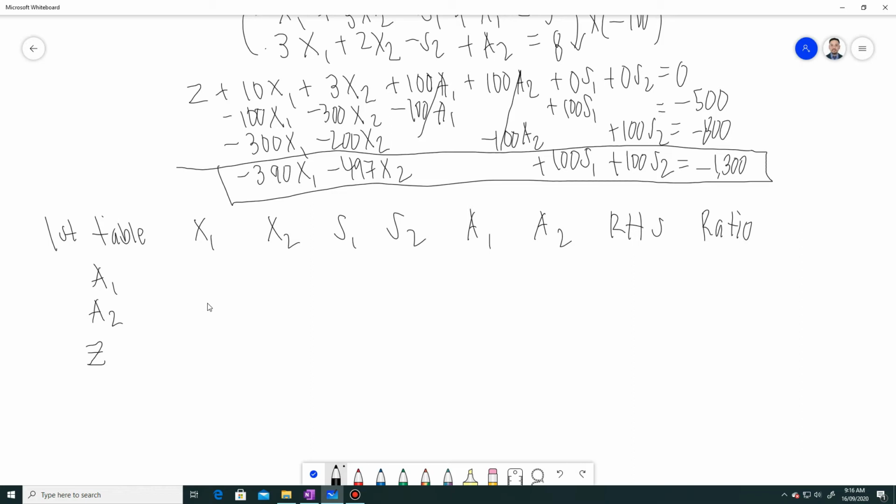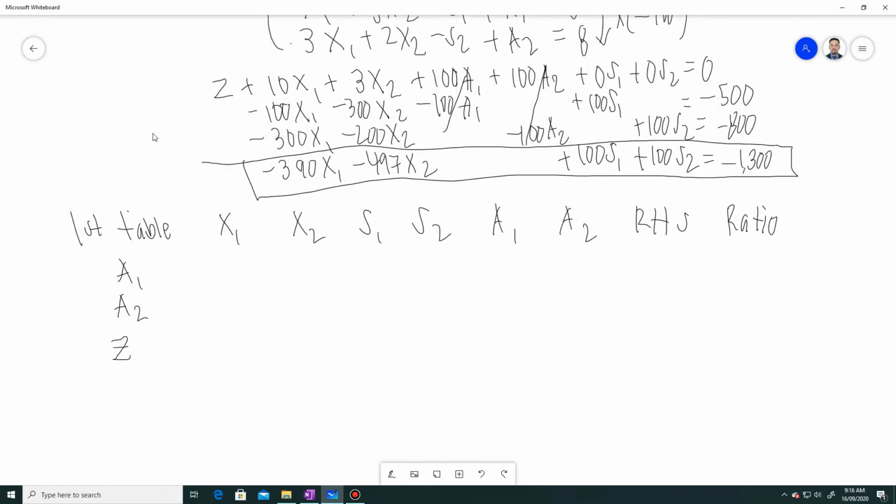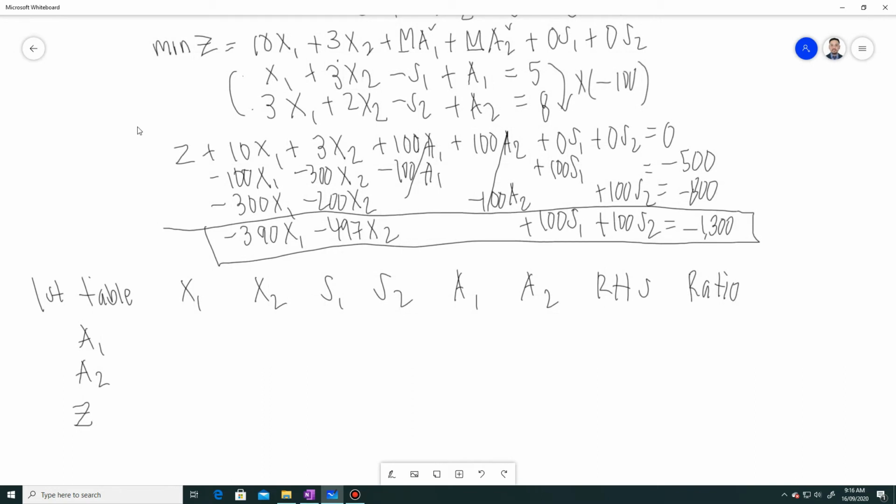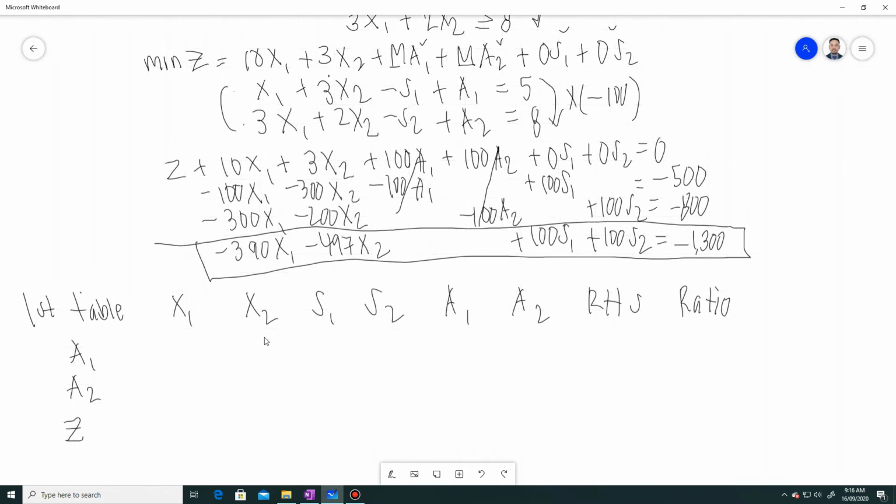Okay, so now for the first table, you will refer to the previous equations. For a1, we refer to this equation.